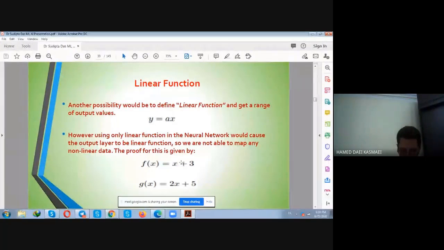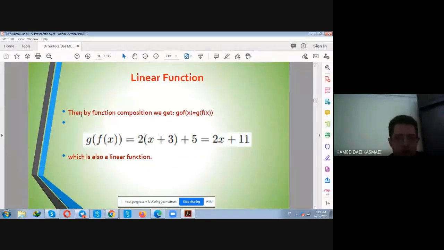f(x) and g(x) are two linear functions. f(x) is x plus 3, and g(x) is 2 multiplied by x plus 5. Okay, and you have here the function composition. We get g(f(x)) is 2(x plus 3) plus 5, which is 2x plus 11. Okay, which is also a linear function.